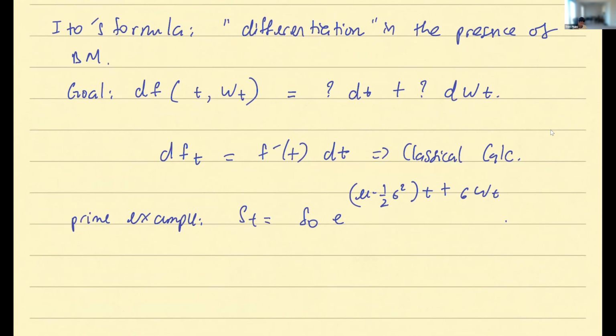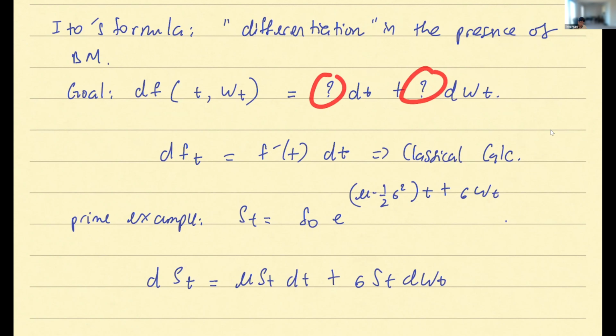Then we want to ask, how can the change in the stock price be captured with the change in time and the change in Brownian motion? And the answer is, that's the percentage return that you always know. So that's these two question marks.